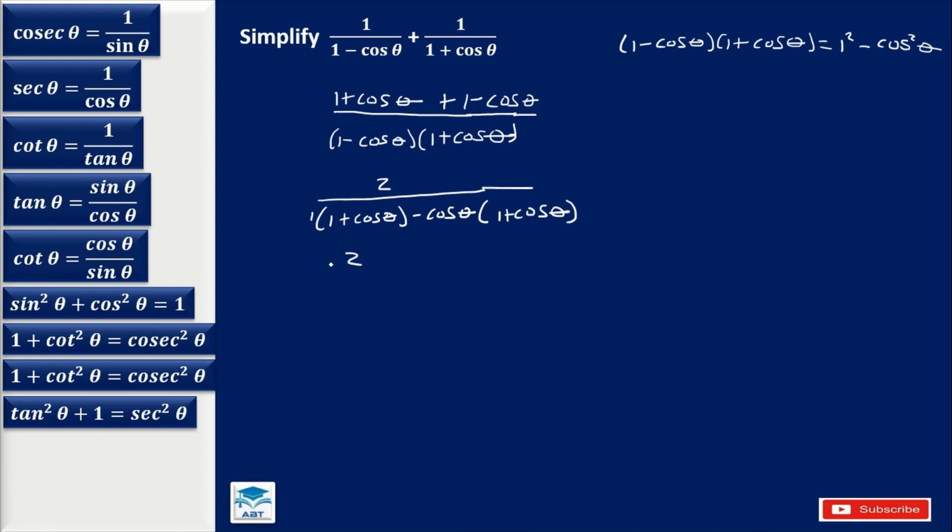So we have 2 divided by, this will give us 1 times 1 is 1. 1 times cos theta is cos theta. Minus cos theta times 1 is cos theta.